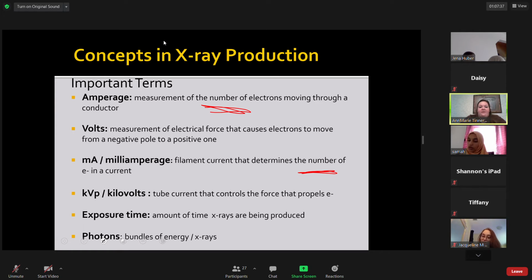Your kVp or your kilovolts, this is the tube current that controls the force that propels the electrons. kVp has to do with quality. You need to write that in. kVp has to do with the quality, and MA has to do with the quantity.